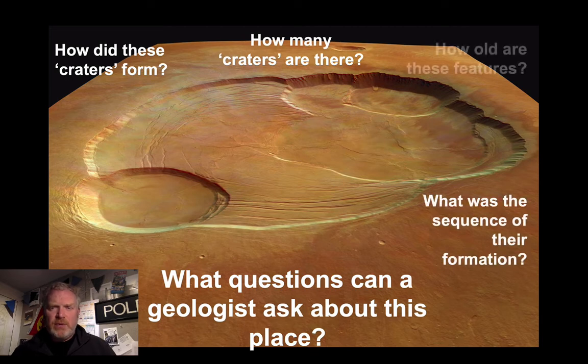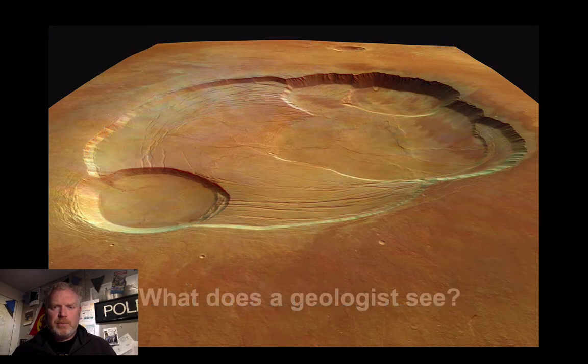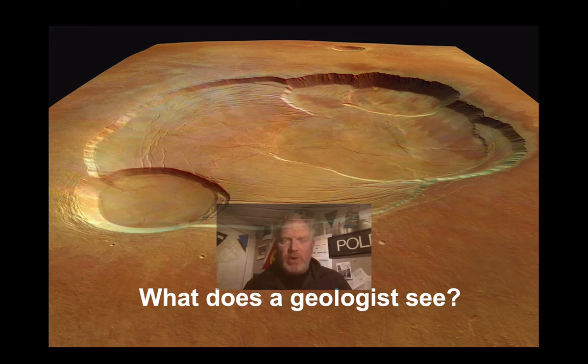How did these things form? How many of these craters are there? How old are they? What order did they form in? How big are they? Just as a start, really. And what I want to do is to get into answering perhaps some of these questions. So what do I see?